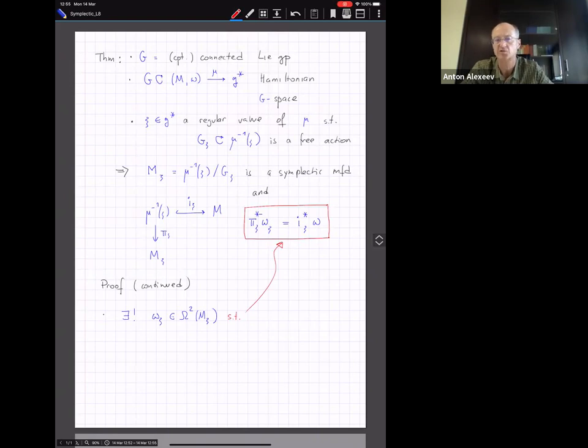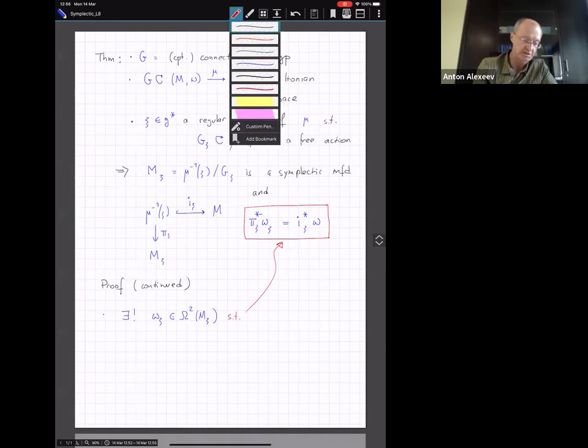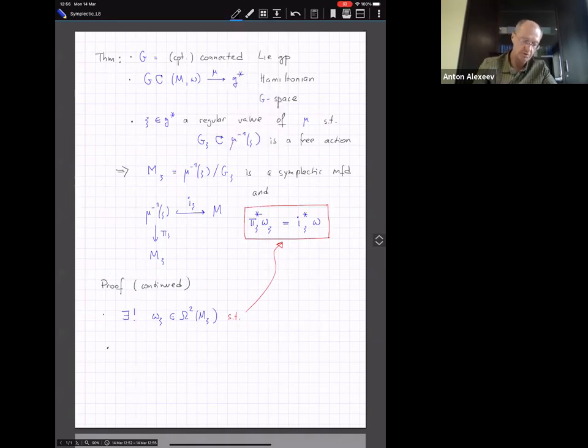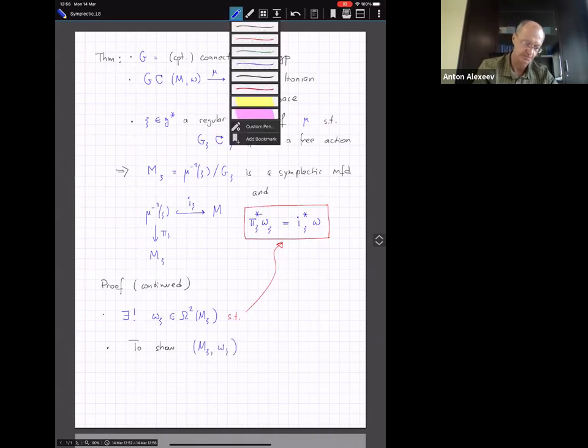So that's a kind of beautiful but easy part of the proof. There is a unique two form which satisfies this equation, and that we proved last time. But now, what remains to show is the fact that it's actually a symplectic form, right?